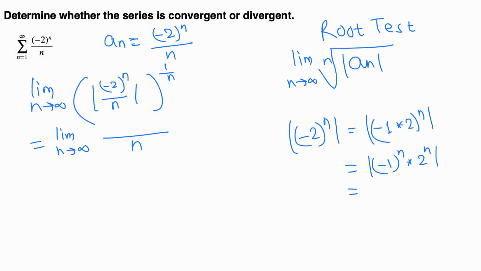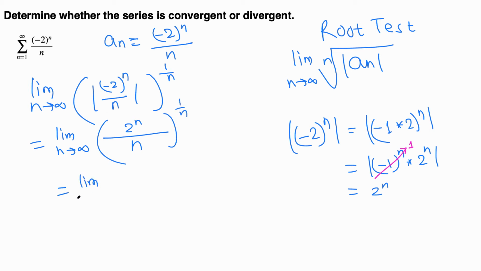Now this (-1)^n is negative 1, positive 1, negative 1, positive 1. Whenever we take the absolute value, it's going to be just 1. That leaves just 2^n, and this is always positive. So for (-2)^n, when we take the absolute value, you can simply ignore the negative sign. So 2^n, and we have exponent 1 over n.